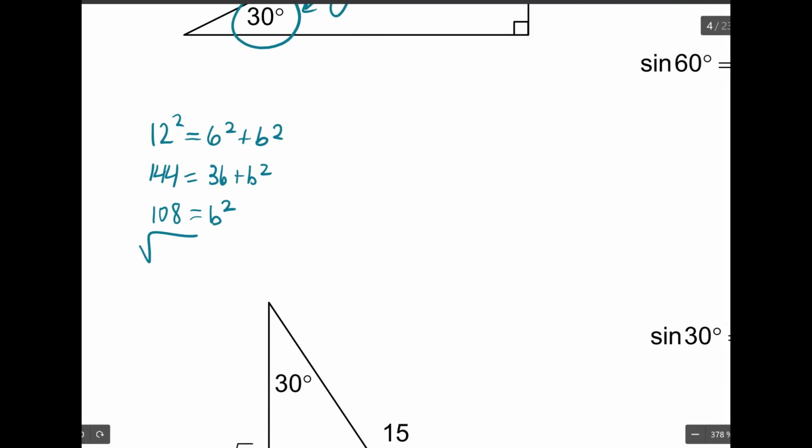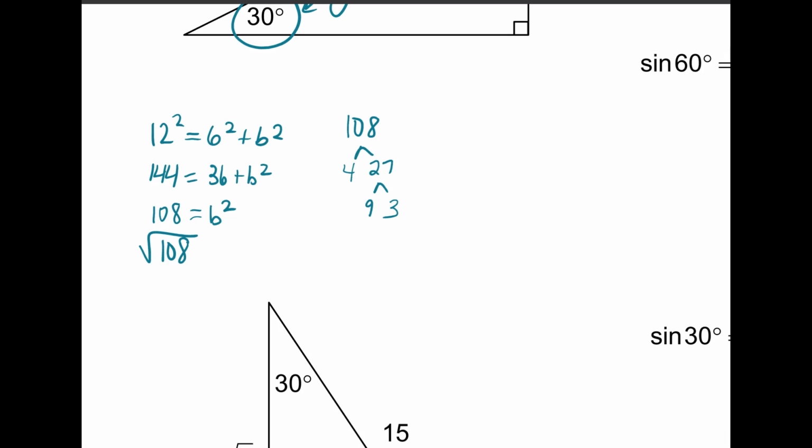So let's see, square root of 108. It would be nice to know the factors of 108, and let's see if there's a perfect square in there. So 4 and 27, okay, 4 and 27, and then the factors of 27? 9 and 3?